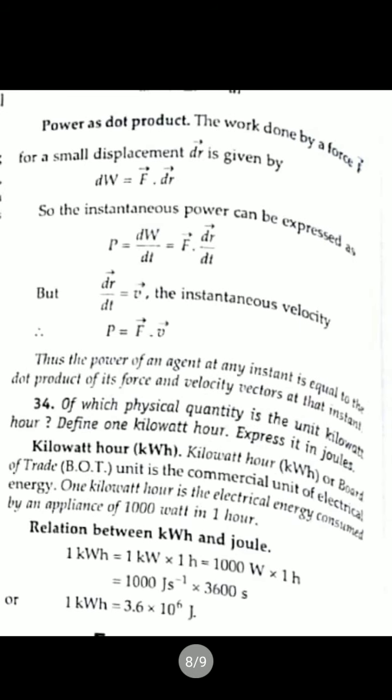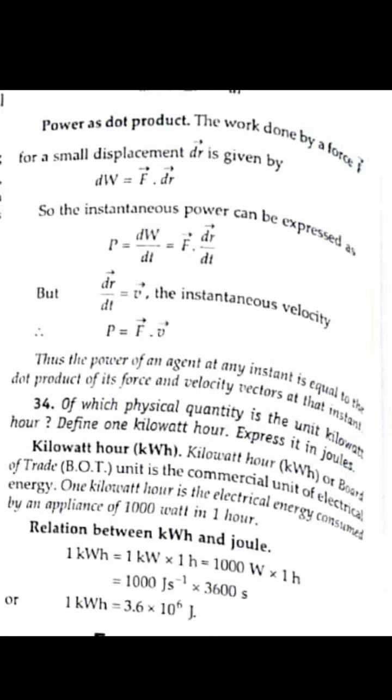Now, the main new thing: power as a dot product. We already said that power is a scalar quantity, so it will be a dot product of force and velocity. How can we find this?